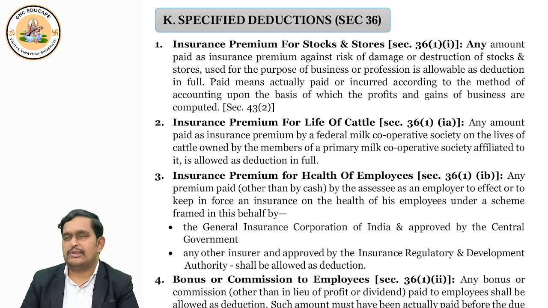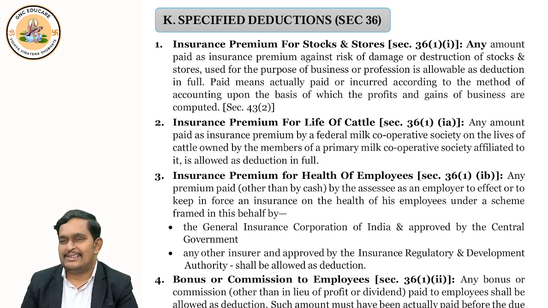Okay, come to the second point. Insurance on cattle. Now you may think, sir, cattle, who will do insurance? We think in a restricted way because we only think about software companies, accounting, finance companies. But there are many other businesses in India. Have you heard of one very famous slogan?